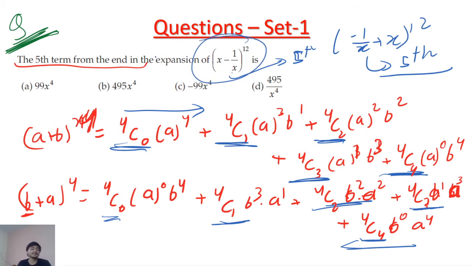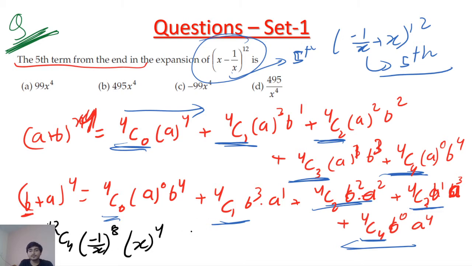If you find the fifth term of this, you directly get the same thing as the fifth term from the end. So let's solve this. The fifth term from the end will be T5, which is 12C4 into (-1/x) to power 8 into x to power 4.